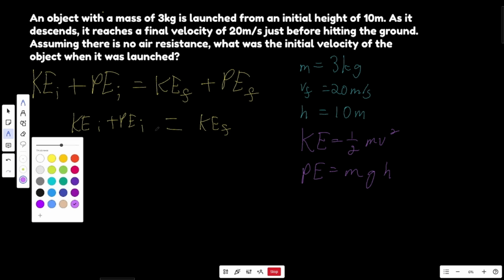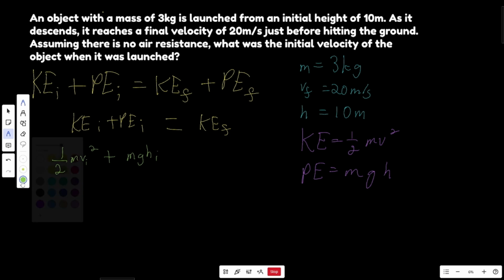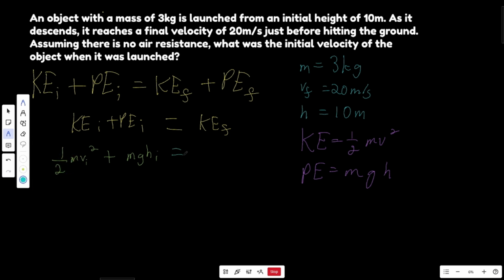Let's switch these values into their other formula form. So KEI is equal to 1/2 mvi squared because of the initial plus mghi. Next, we also know that this is equal to 1/2 mvf squared.